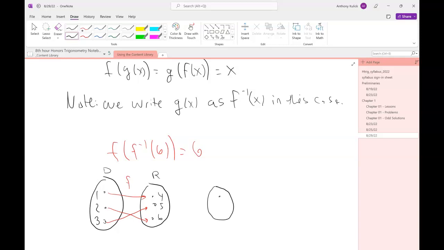If I wanted to draw the mapping diagram for f inverse, the domain for f inverse should be the range from f, and then they're just going back from whence they came.